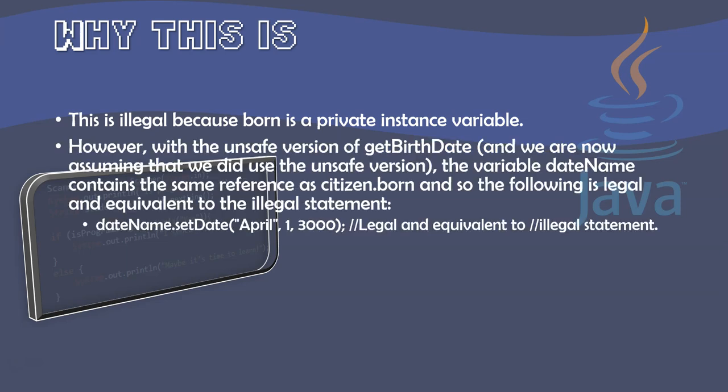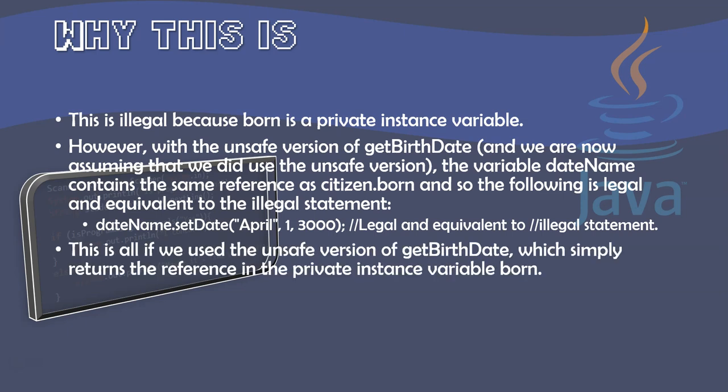However, with our unsafe versions of the code, and let's just say we assume we're using the unsafe version, the variable name contains the same reference as citizen.born, and so the following is legal and equivalent to our illegal statement: name.setDate(April 1st, 3000). Now this is technically legal, and it's equivalent to our illegal statement. This is all if we use the unsafe version of getBirthDate, which simply returns the reference in the private instance variable born.